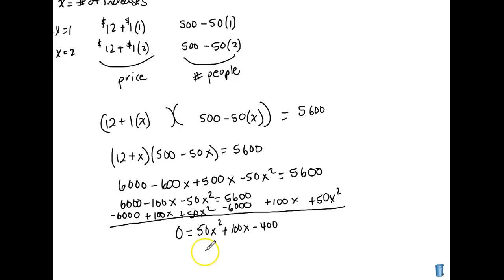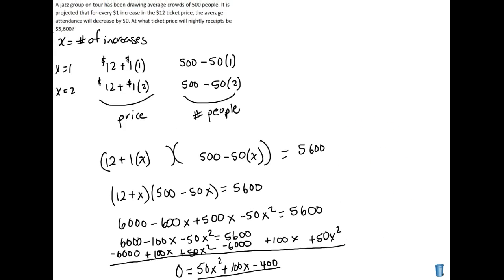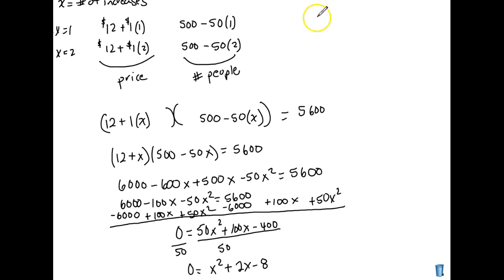In fact, I can solve this if I first divide by 50. This actually makes the problem a little bit easier to solve. So now I have x squared plus 2x minus 8. Then I solve this: my a equals 1, my b equals 2, my c equals negative 8.